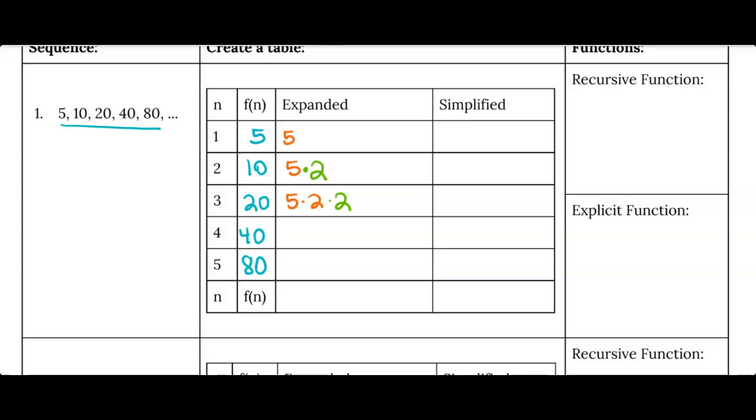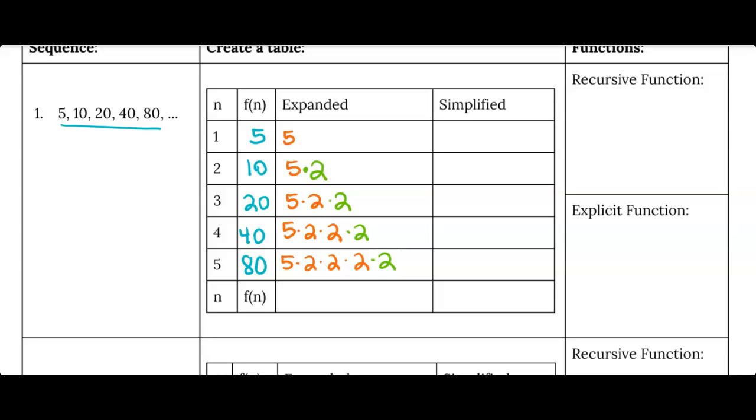And to get to 40, I took my 5 times 2 times 2, and I multiplied by 2 once again. And then to get to 80, I did my 5 times 2 times 2 times 2 and multiplied it by 2 again. So I could see that I was multiplying by another 2 each time.